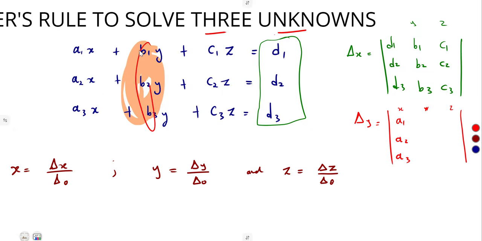But y is affected, so you replace it with constants. What is affected is replaced with constants. So you're going to have d1, d2, d3. Z is not affected, so it stays as it is, the coefficients c1 up to c3.